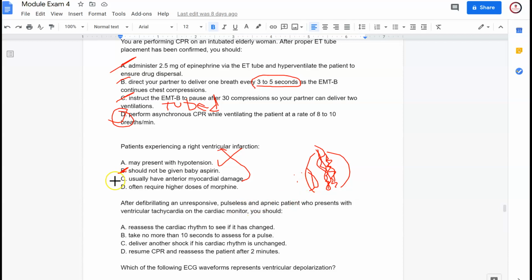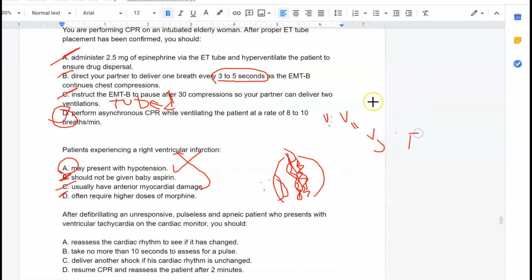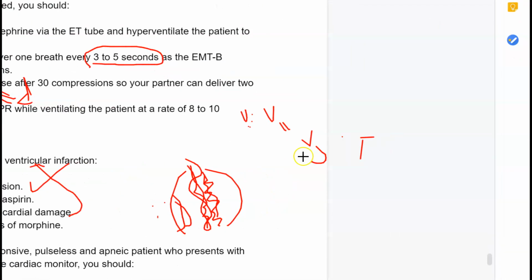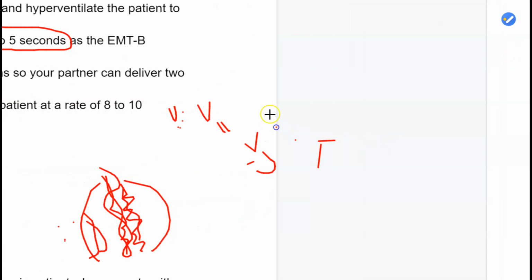So no, they don't often require higher doses of morphine. No, it may present with hypotension, right? Remember when we were doing our 12-lead placement, in order to make sure they have V1, V2, V3, V4, we would move V4 over to see if there was right ventricular wall involvement.